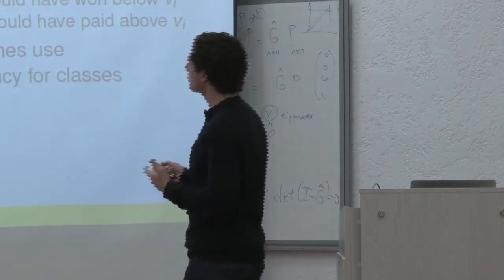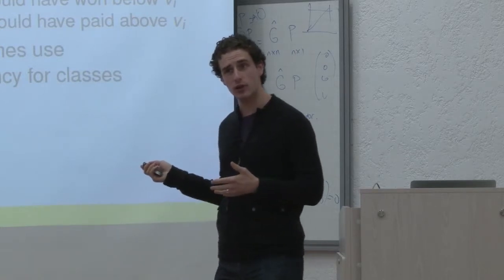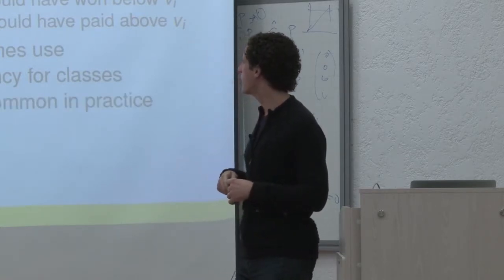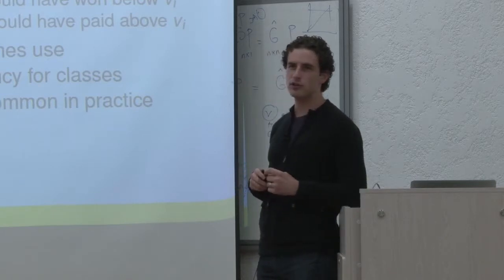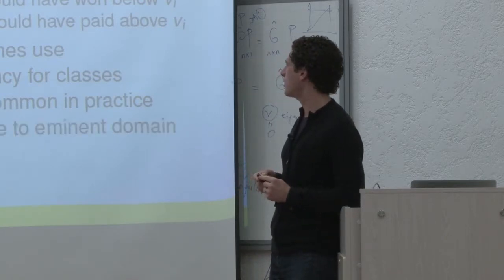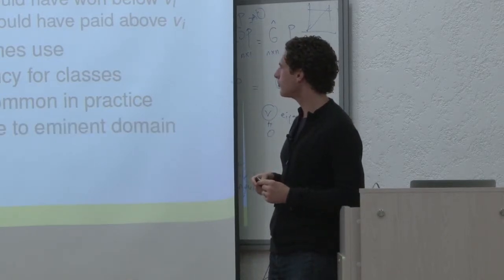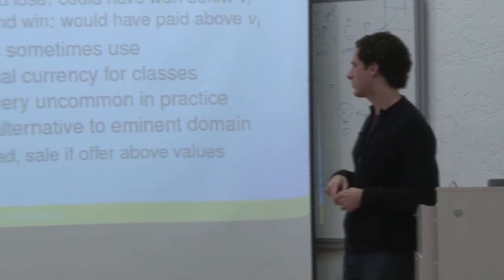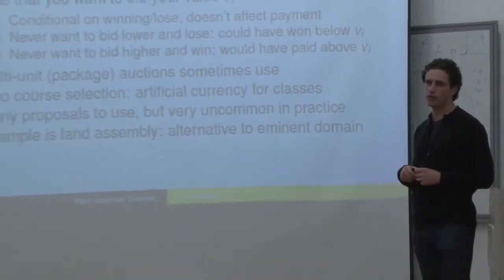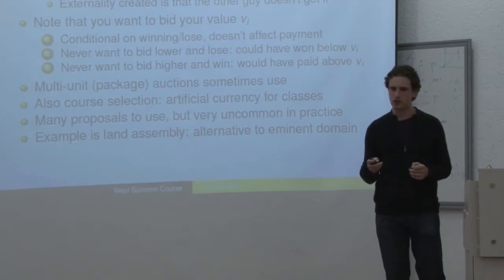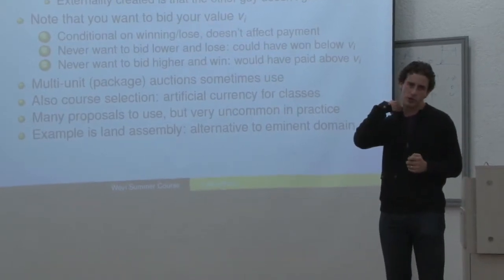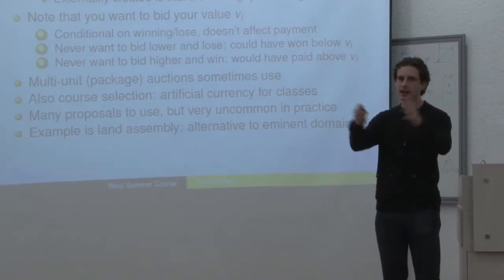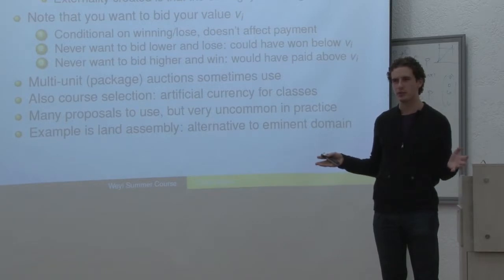It's also used sometimes in the course selection things we were talking about. And there are many proposals to use it much more broadly, but these are very uncommon in practice. So one example of this is eminent domain. Eminent domain is an institution, I don't know what it's called in Colombia, where the government comes in and takes a bunch of people's land because it needs to build a bridge or something like that.